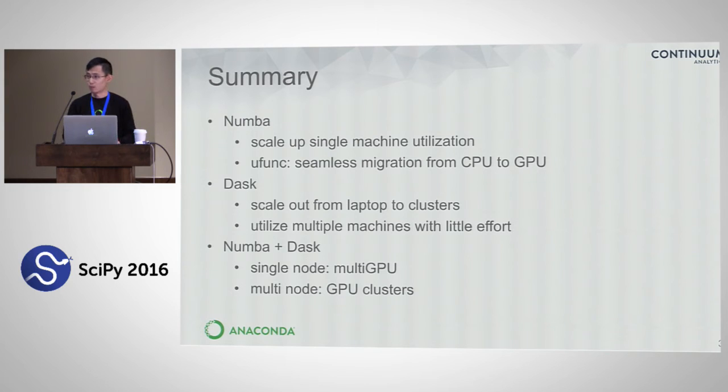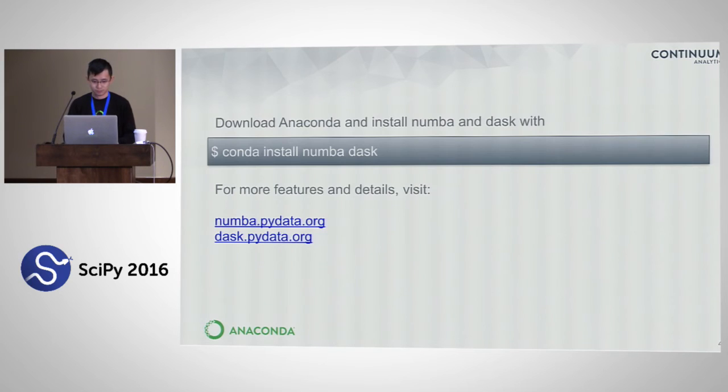I'm actually scheduling the example from a laptop to the cluster, though in this example it was one machine that I was running the live demo on. And when you combine them, even on a single node, Dask helps you use Numba in a multi-GPU fashion, and in multi-node, easily go to GPU clusters.